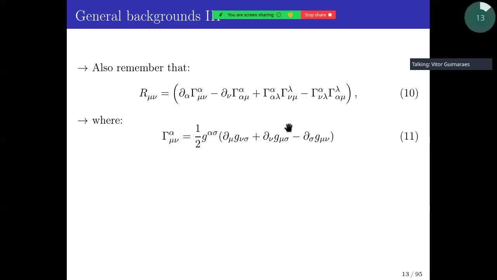So let's go. Remember that we have this as the definition of the Ricci tensor, right? And this is the definition of the Christoffel symbols with respect to the metric components, okay? The calculations are gonna become very convoluted now, very nasty, okay? But don't be afraid, I'm here with you guys, and we're gonna push through this.